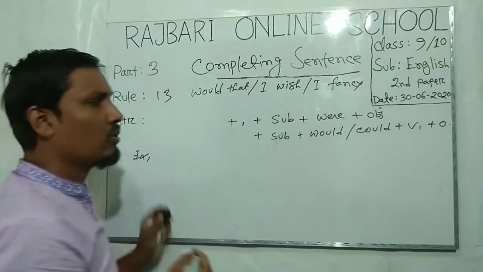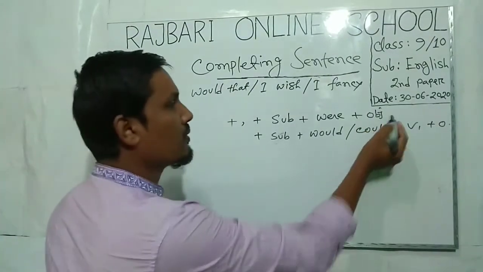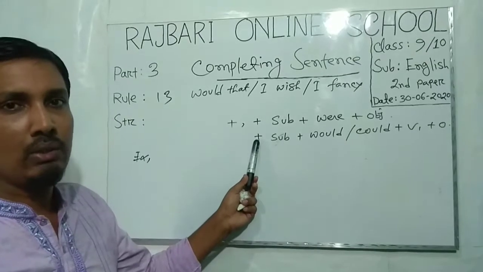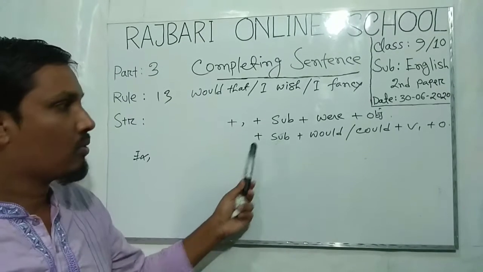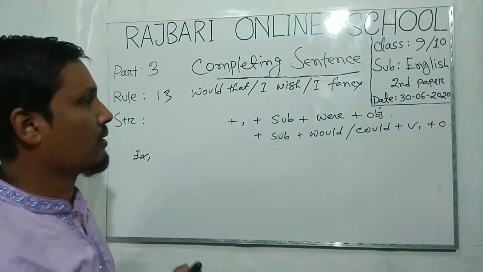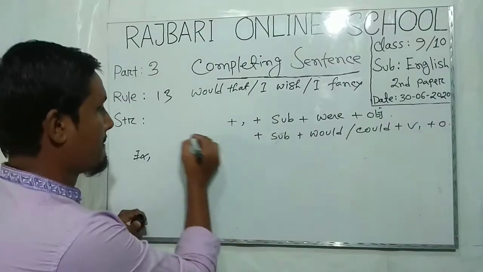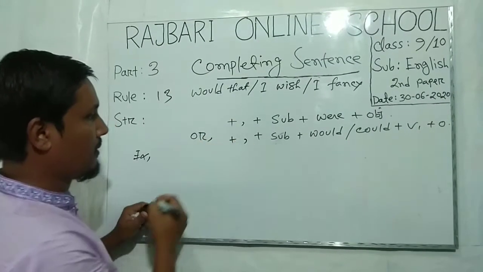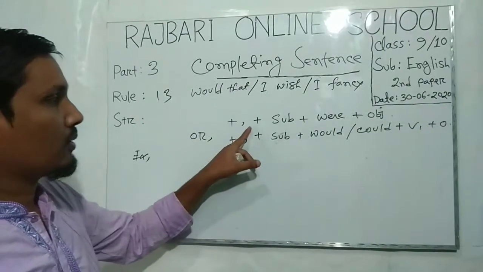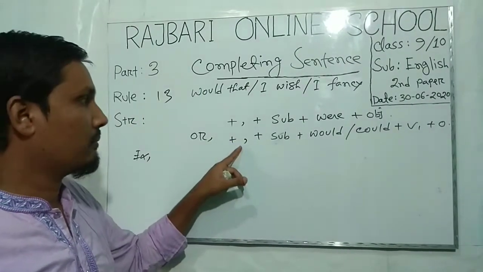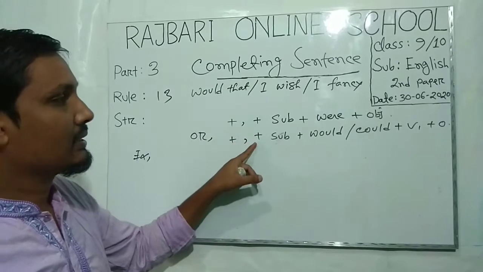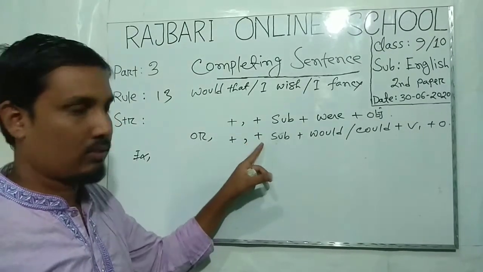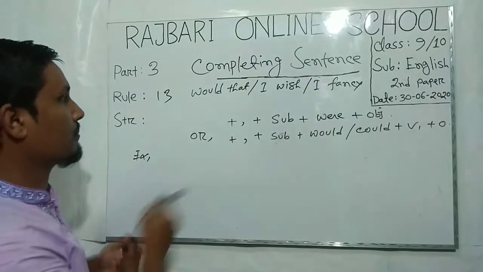You can follow either of the two rules, but you have to follow one. You have to complete this type of sentence with this rule or that rule. Okay, let's see the example.